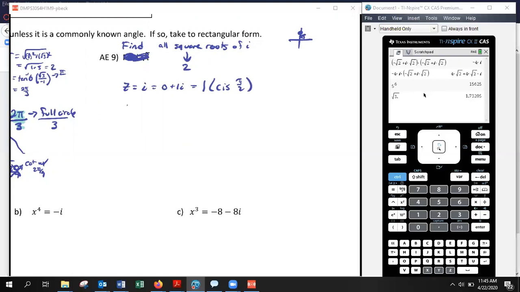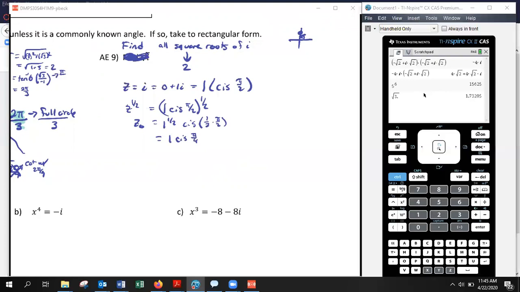And now if I want to take all the square roots, so z to the 1/2, to get my principal, this will be 1 cis of pi over 2 to the 1/2 power. So our principal root is 1 to the 1/2 cis of 1/2 times pi over 2, or 1 cis pi over 4.